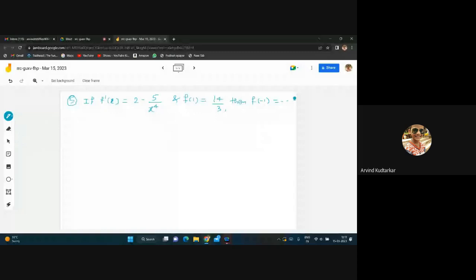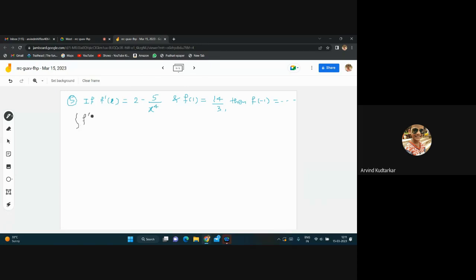You already know how to get the value of function in the topic of function. In the function topic you studied how to find the value of a function. If f dash of x is given, how to get the function of x? Applying the concept of integration, which is the opposite of differentiation, means anti-differentiation is integration, so take integration on both sides.